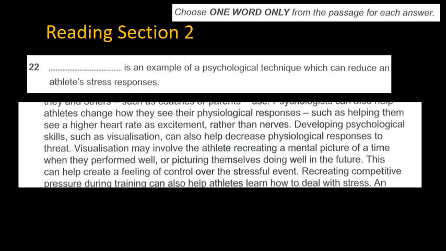We also had recreating competitive pressure, but we need one word only. So reduce, decrease. We've got psychological skills, where it could be psychological technique, and as an example of, there is such as. So that's a big clue there, that the answer we need is visualization. Visualization is an example. There we go, 22.